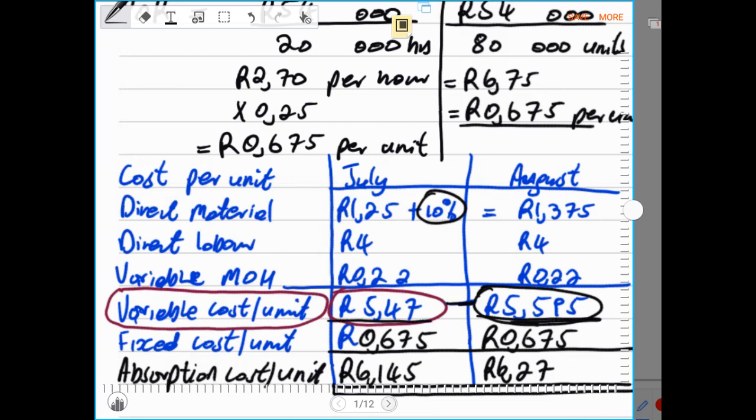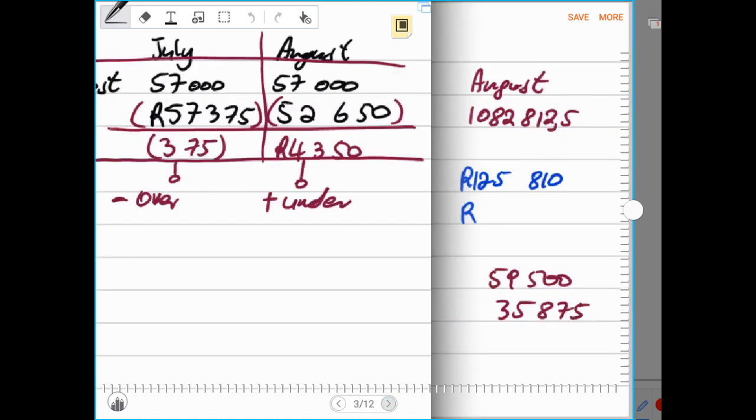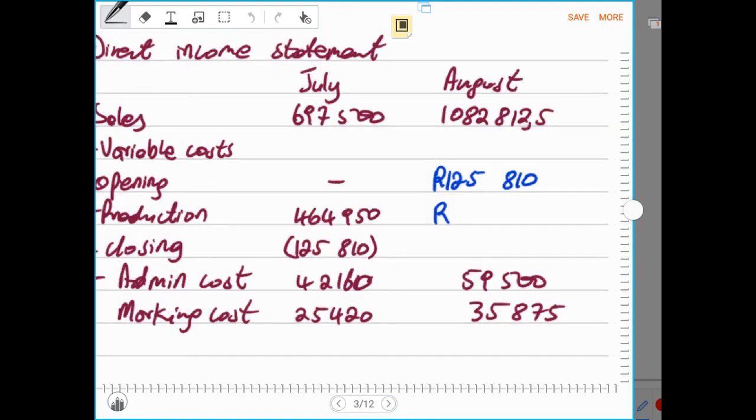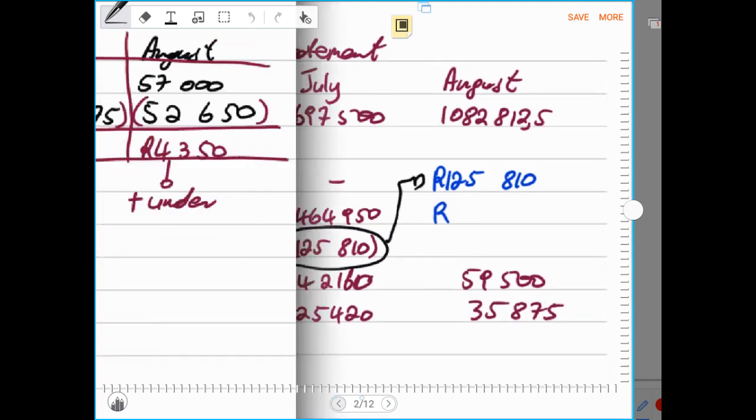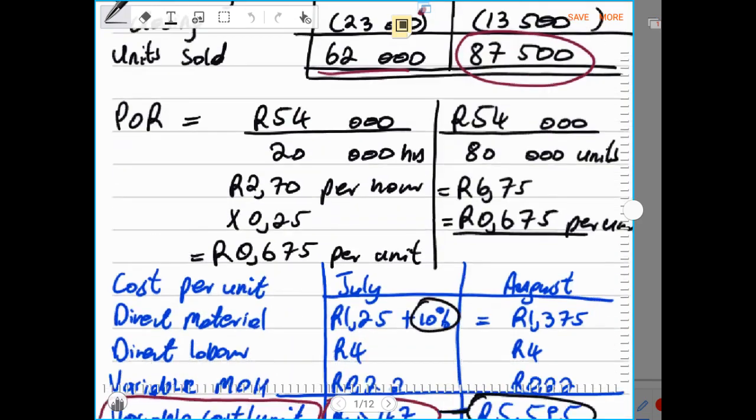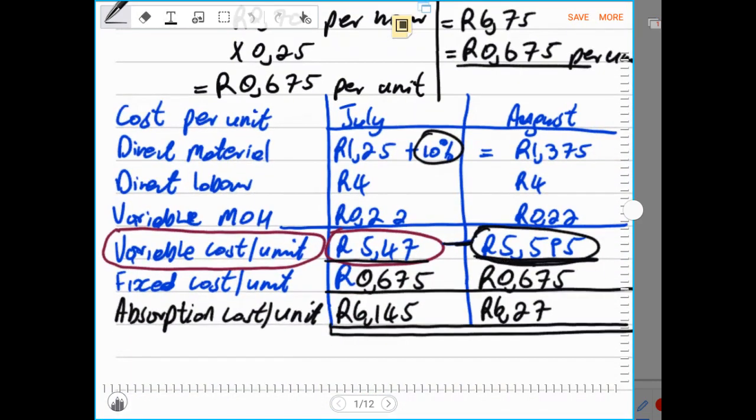That is why I transferred the closing straight into becoming the opening, so that I don't make a mistake of calculating the opening inventory of August based on the cost of August, yet that was based on the cost of July, which was 5.47, before there was an increase in the material cost per unit and in total. I have also explained that to you.